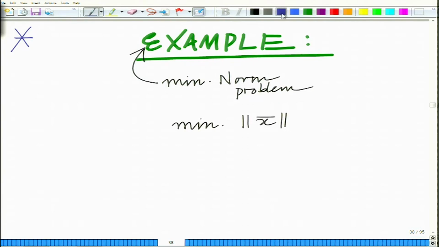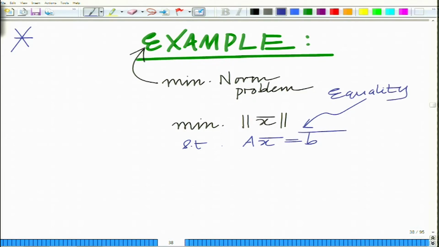So this is your objective, subject to the constraint A x bar equals B bar. Okay, and you can see these are only equality constraints, there is no inequality constraint. To approach this problem, let us form the Lagrangian.